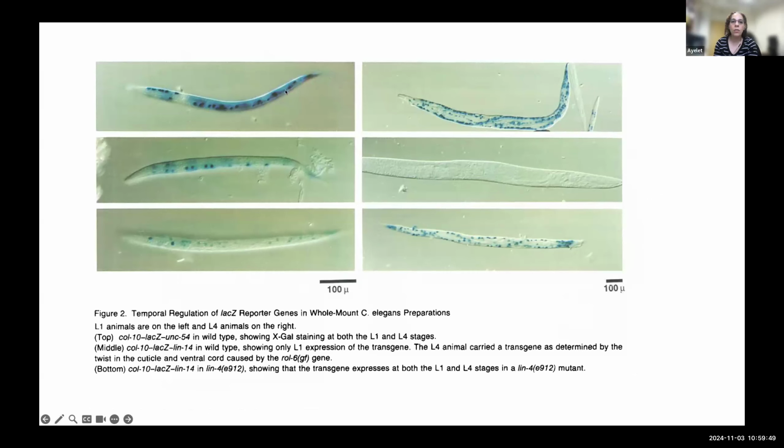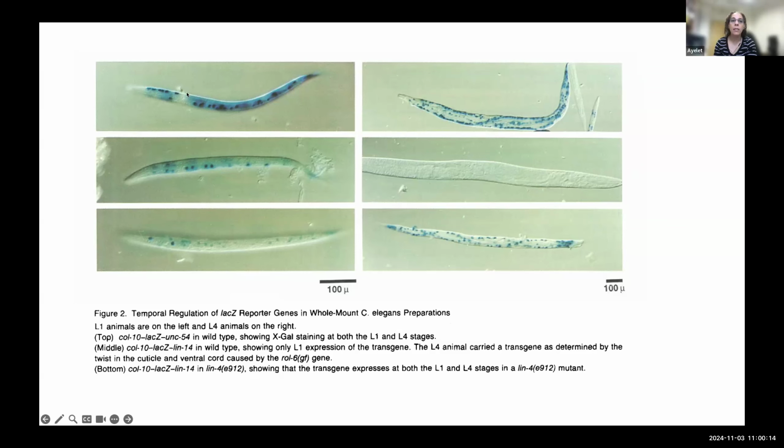So the top are just worms. This is the L1 larva stage, so this is one of the younger larva stages, and this is L4, the last larva stage. And they took a clone with LacZ and another gene, the ANC54 3' UTR. And they used LacZ stain.